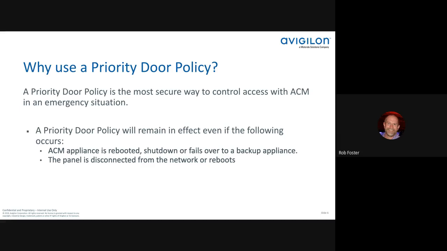So when the panel came back online, it went back to an unlocked status. With the priority door policy, that won't happen. If your appliance reboots, shuts down, or if you have a failover scenario and it fails over to the backup, the priority door policy will continue to persist, and your doors will remain locked. The same is true if your panel is disconnected from the network or the panel itself reboots.